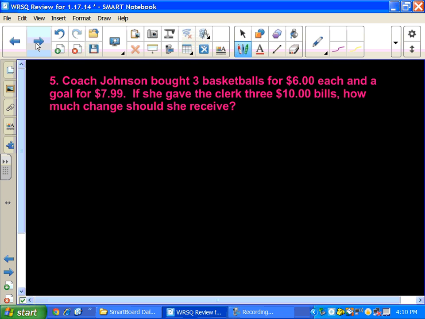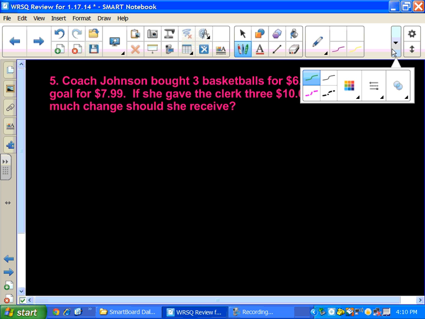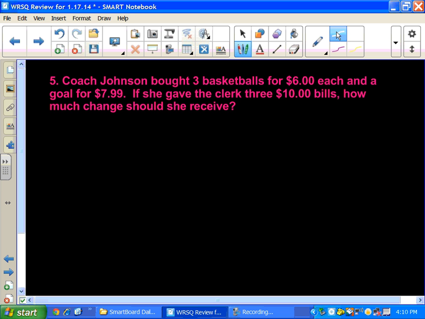Moving on. Read this, pause it, solve it, then come back and see the solution. All right, anytime that you have a lot of information, especially when buying things, it's always good to draw those out and simple. So I know that she bought 3 basketballs, and each one of those was $6.